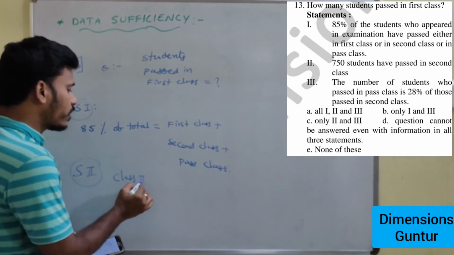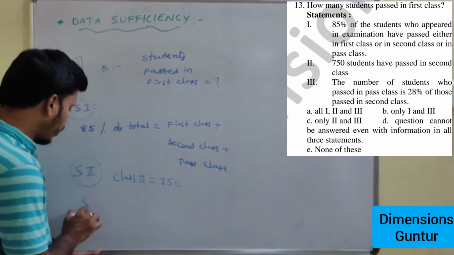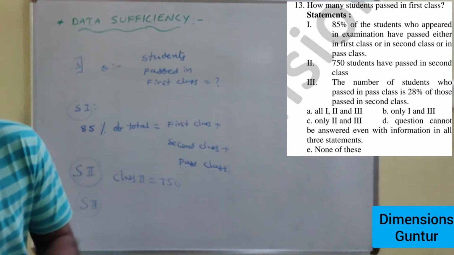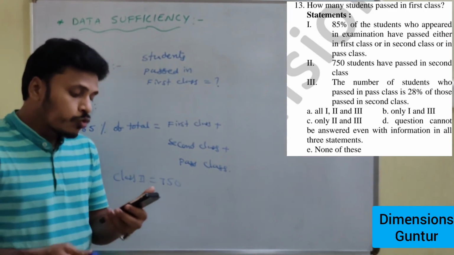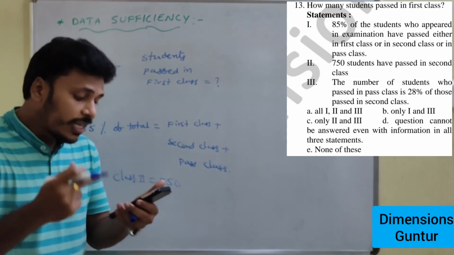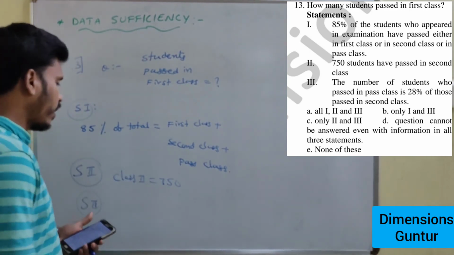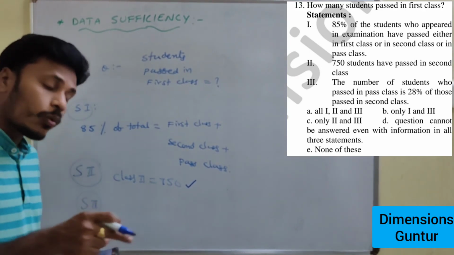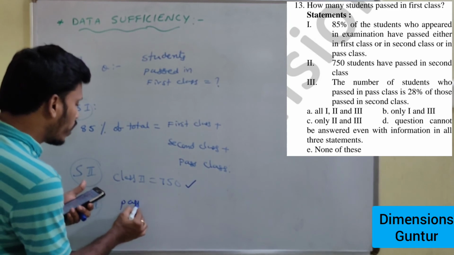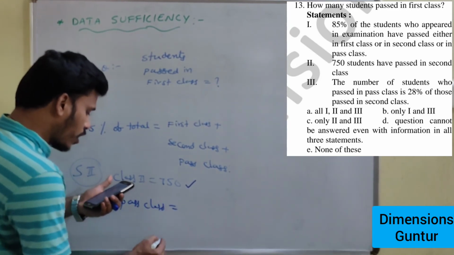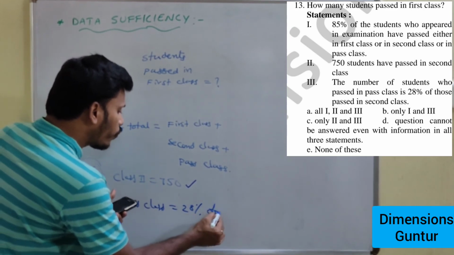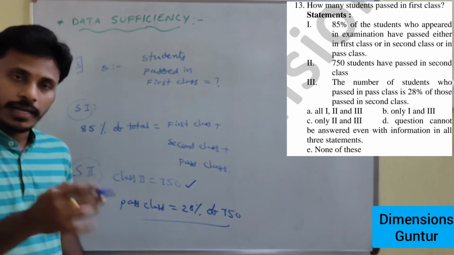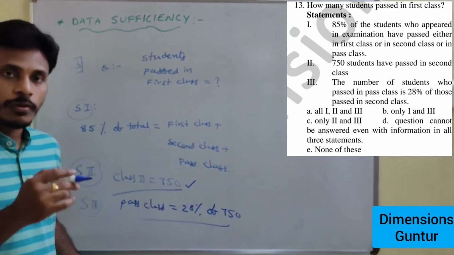Then statement 3 gives that the number of students who passed in pass class is 28% of those who passed in second class. 750 students passed in second class, and we are searching for the number of students who passed in pass class, which is 28% of 750. So statement 3 gives us the number of students from pass class, and statement 2 the number from second class.